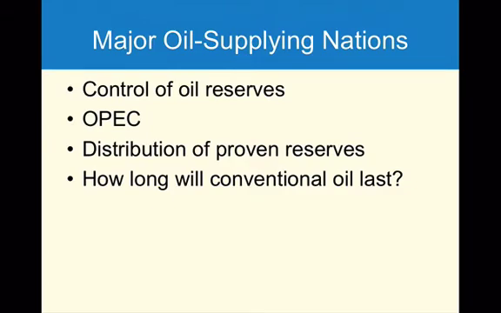So the major oil supplying nations are represented by OPEC, and that primarily includes countries in the Middle East. The original members were Iraq, Kuwait, Iran, Saudi Arabia, and Venezuela. Additional countries came on board, ranging from Libya to Indonesia. You might notice that I did not mention that the United States is a member of OPEC, because we're not.